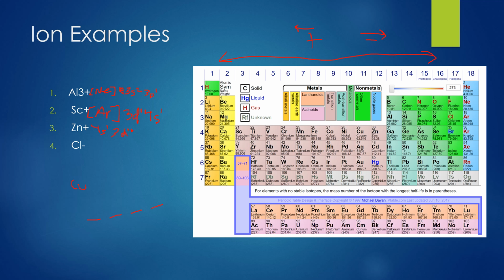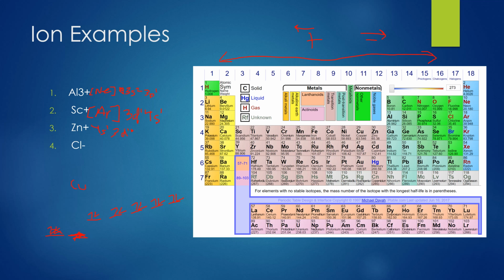Let me draw out the d's really quick. 1, 2, 3, 4, 5, 6, 7, 8, 9. And we don't forget that we still have the s orbital that has 2 electrons. So, just like before, we'll take one from the s, move it over here to the d, because stability is a higher priority for the d orbital than it is for the s.